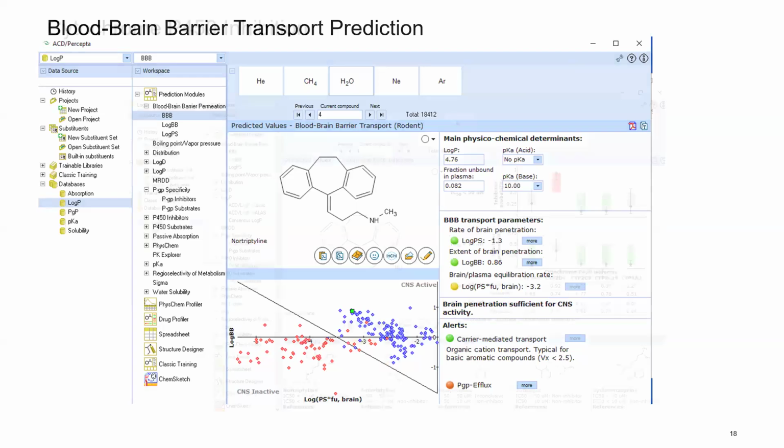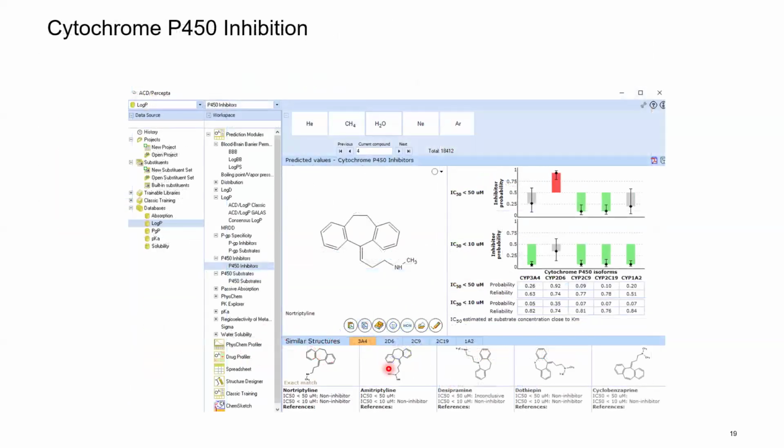ADME profile. There's one missing, important one, which is the T of ADMET, the toxicity. You can also predict the cytochrome P450 inhibition. You usually have four or five major isoforms, and they are listed here. And not too surprisingly, the 2D6 isoform of cytochrome gets flagged.